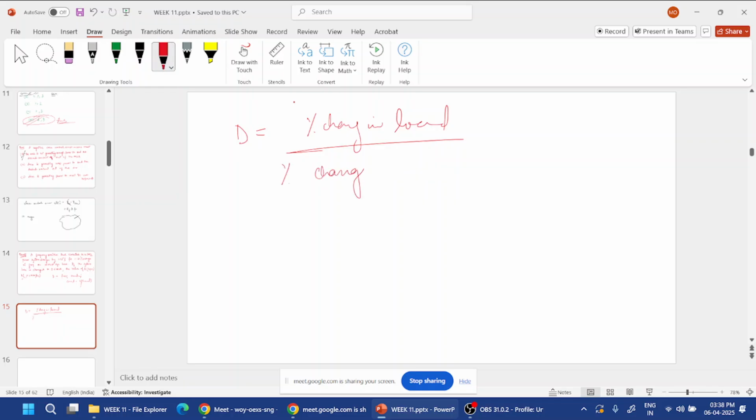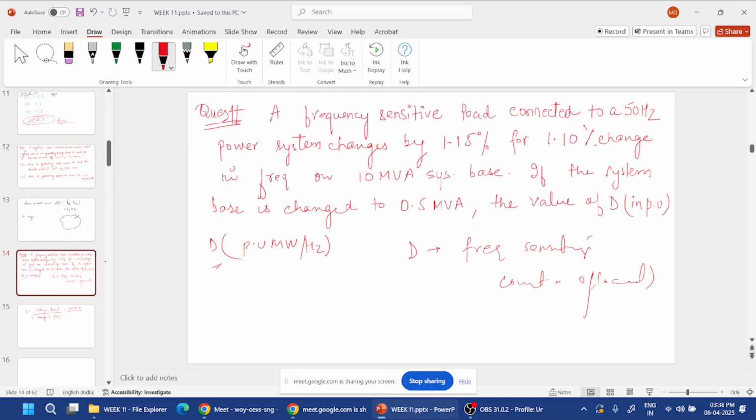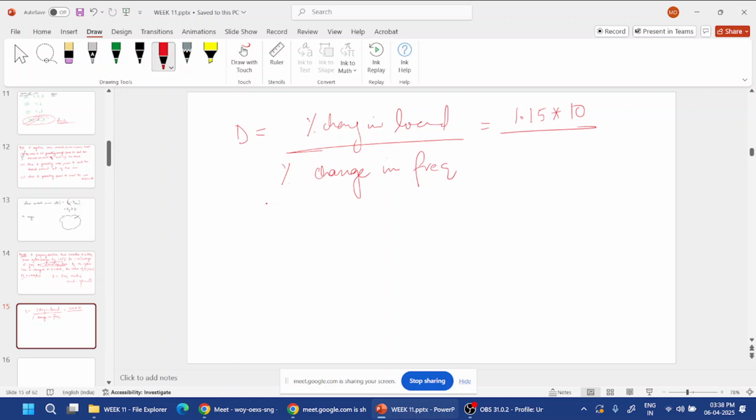The percentage change in load is 1.15 into 10, because 10 MVA is the system base, okay? And the percentage change in the frequency is 1.1 and the frequency is 50. So it will cancel out and it comes out to be 0.42.